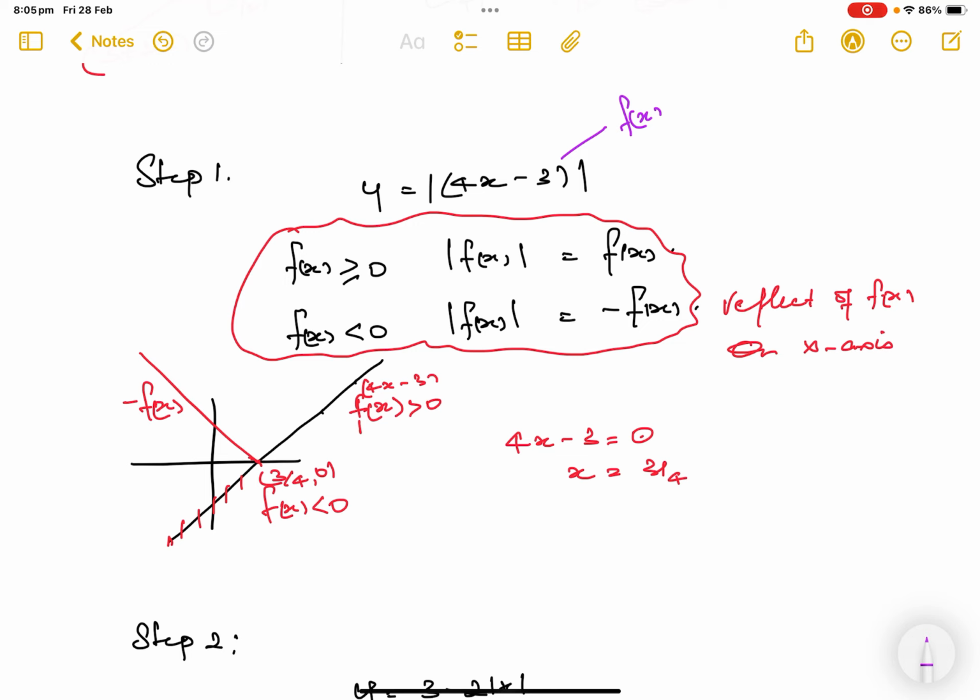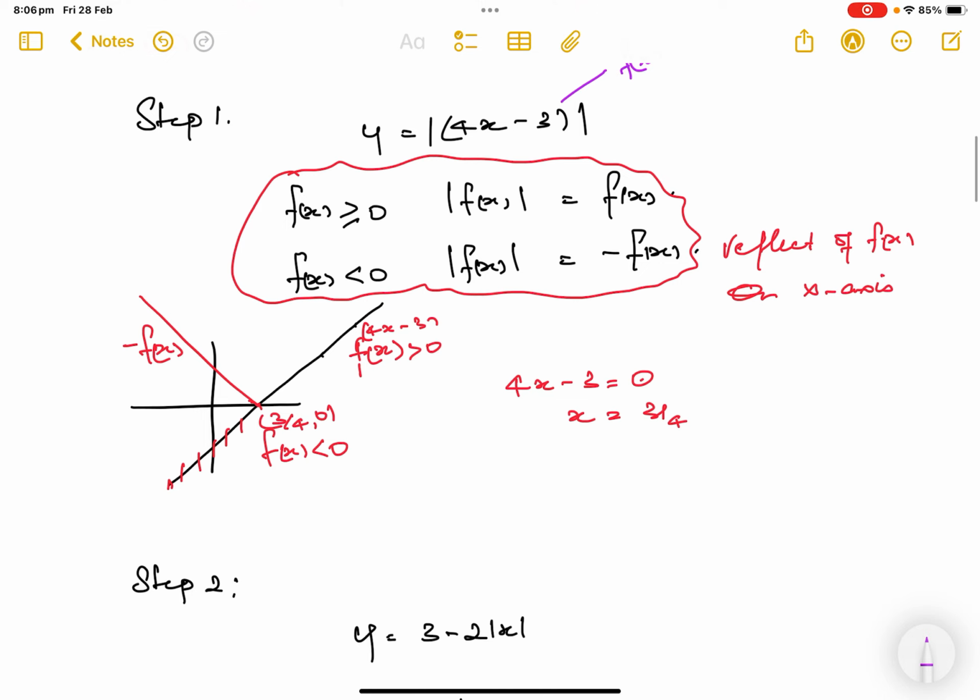If f(x), without the modulus, is greater than 0, so above the x-axis or the positive side of y, the modulus of f(x) is just f(x). But if it's on the negative side, f(x) less than 0, below the x-axis, the modulus of f(x) is minus f(x), that is the reflection of f(x) on the x-axis. So that is the starting.